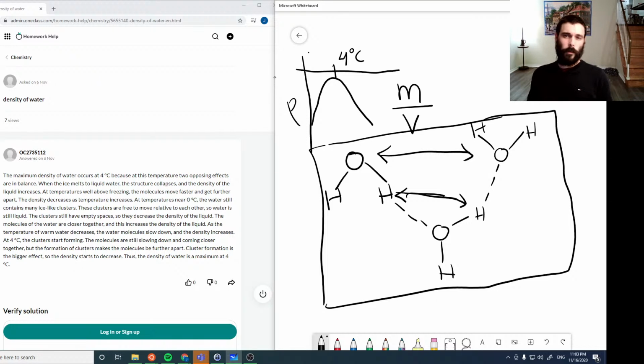And you wouldn't be able to predict that the maximum density will lie at 4 degrees. It's more of an observation than anything. But it's interesting. As the molecules slow down, they're moving less quickly, so they bump into each other less and are able to fall into this shape.